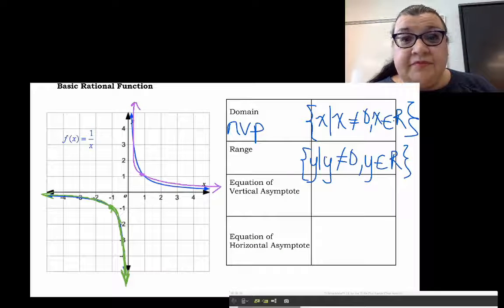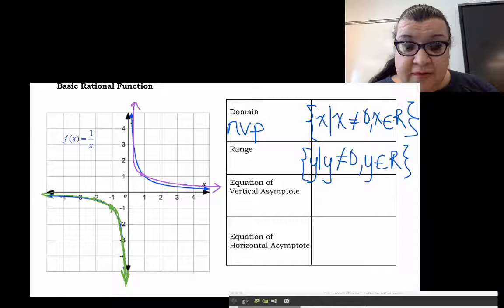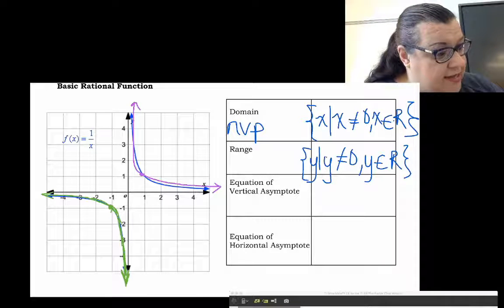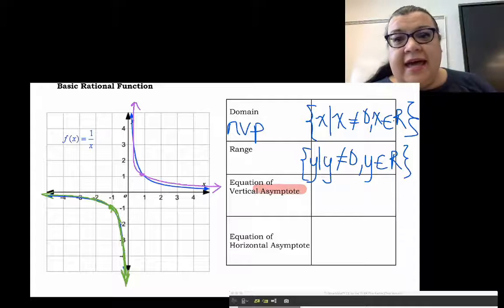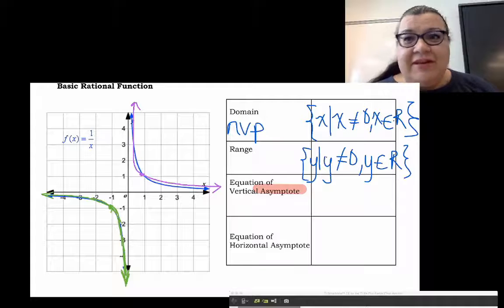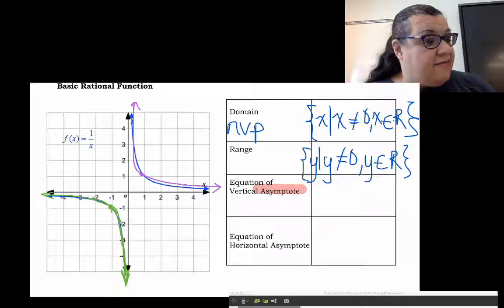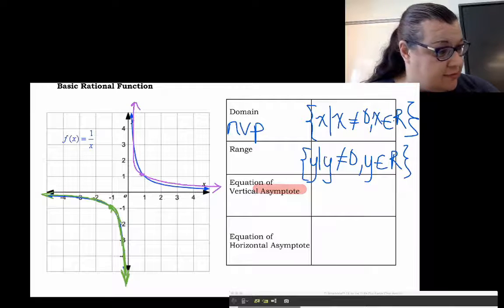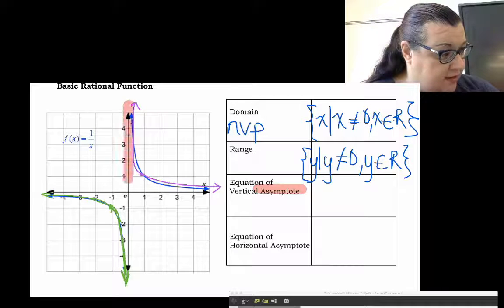Okay, now this leads us to our asymptotes. So an asymptote is something that, or is a point, or in this case a line, that x and y both can approach, but they will never cross. They will never actually get to that value. So we see for x values, our vertical asymptote is here.